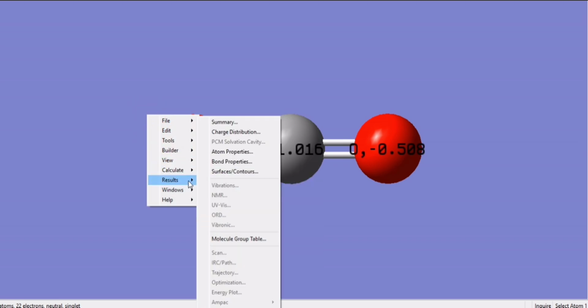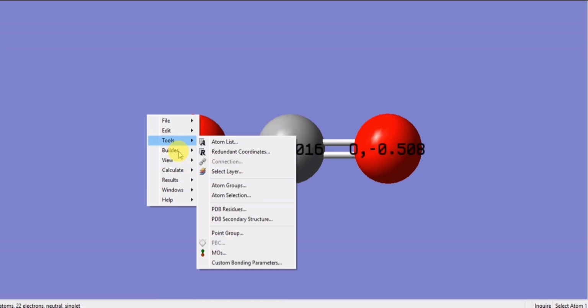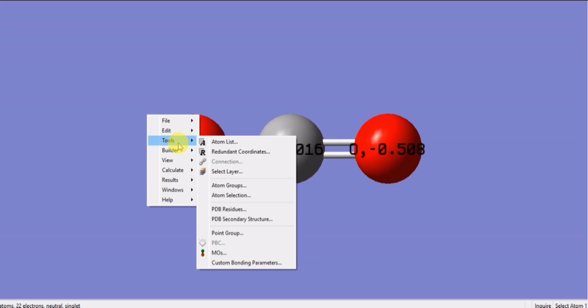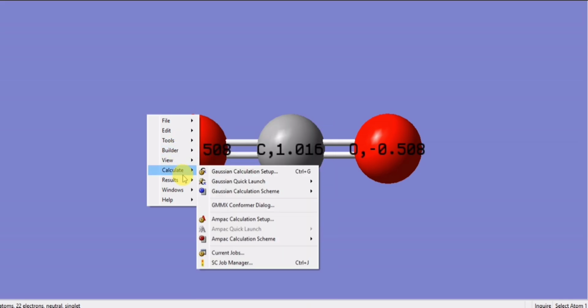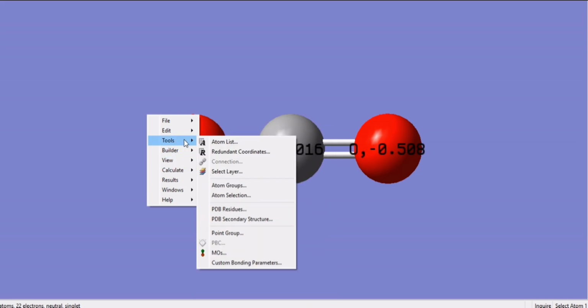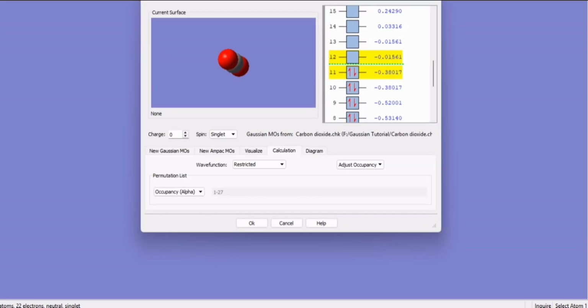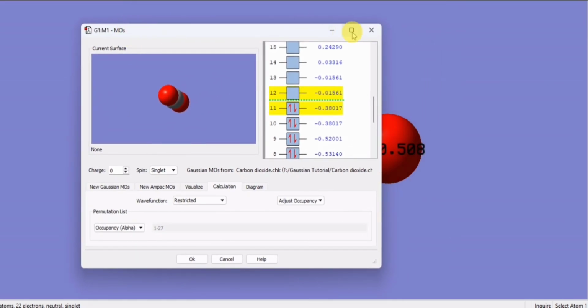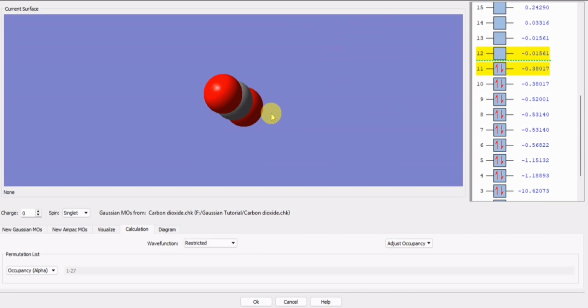There are also some other options. If you want to see the distribution of orbitals, you can just go to Tools and then go to the option Molecular Orbital Distribution, and from here you will find the HOMO-LUMO gap.